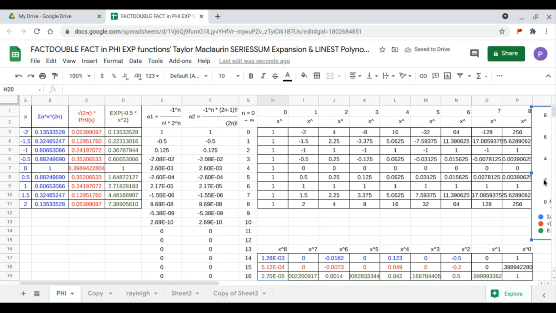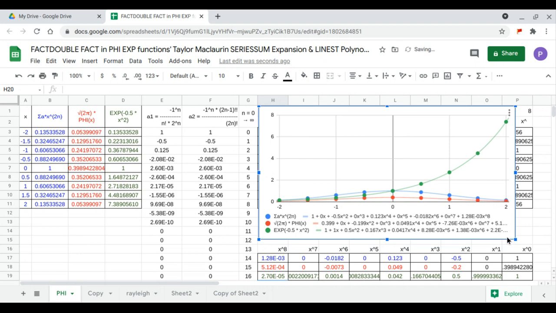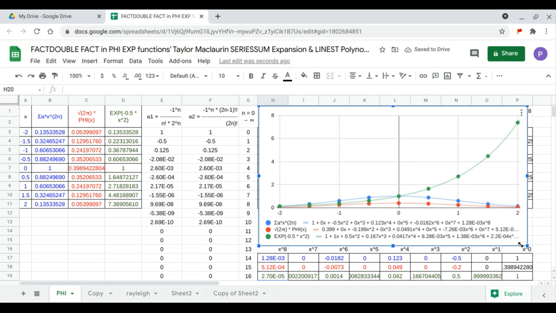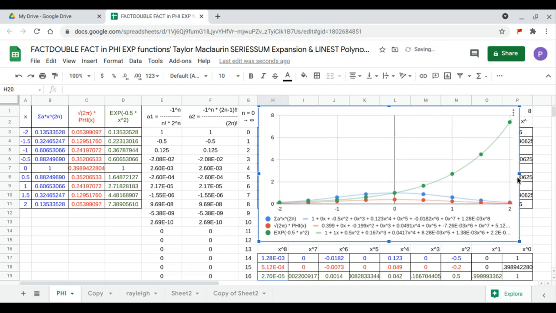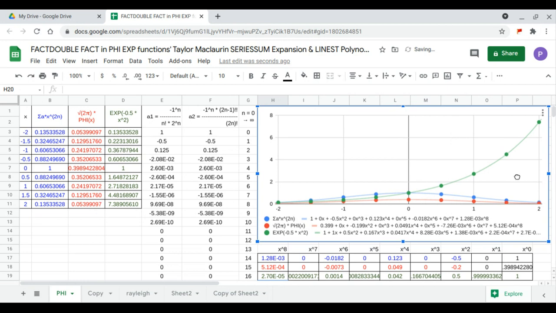Now let's modify the phi function and the exponential function to match the expansion. So we'll modify first the red one, the phi function. That is square root of 2 pi, so multiply to phi.